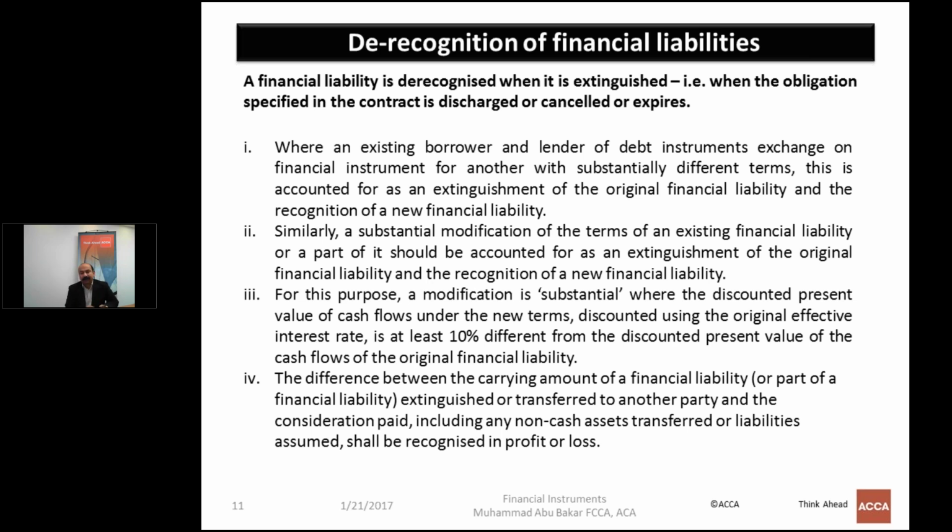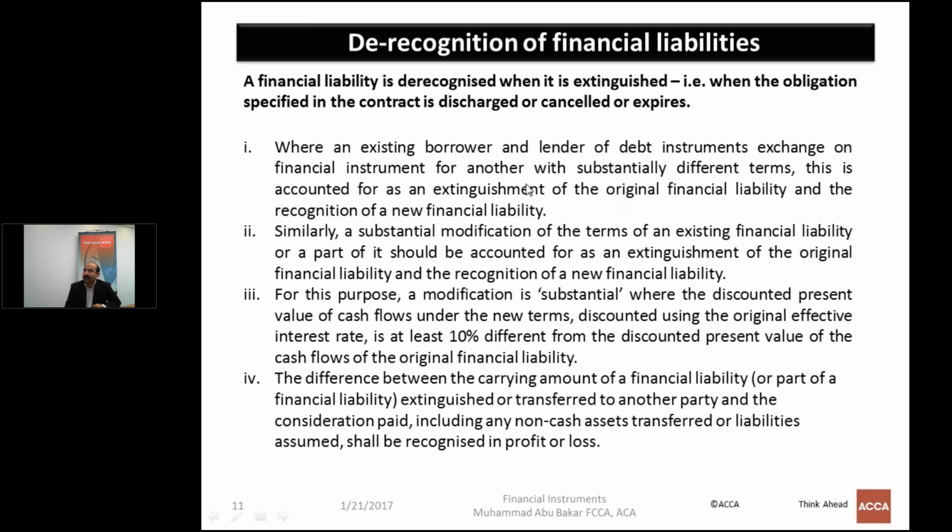Number one, where an existing borrower and lender of a debt instrument exchange one financial instrument for another with substantially different terms, this is accounted for as an extinguishment of the original financial liability and the recognition of a new financial liability.